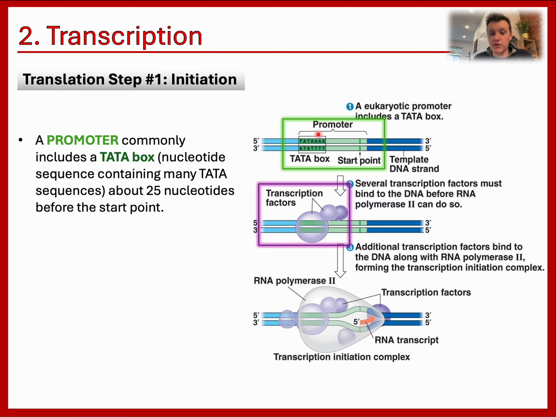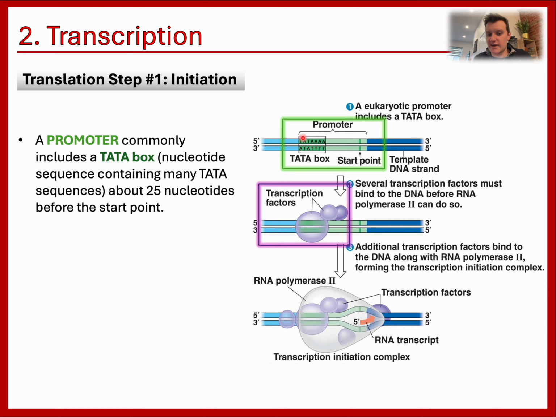I'll give you just one little thing. The promoter region commonly includes these TATAATs, right? We call this the TATA box, okay? It's a nucleotide sequence containing many TATA sequences, about 25 nucleotides before the start point. And these transcription factors first will recognize the TATA box very quickly, right?